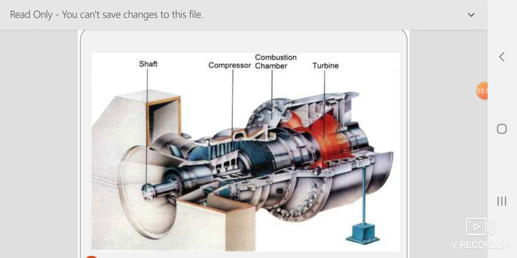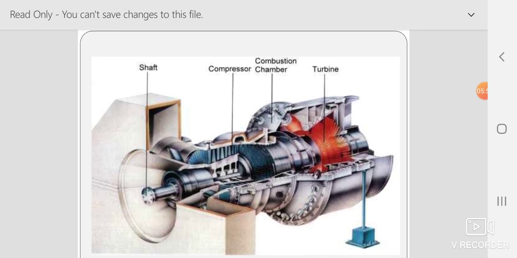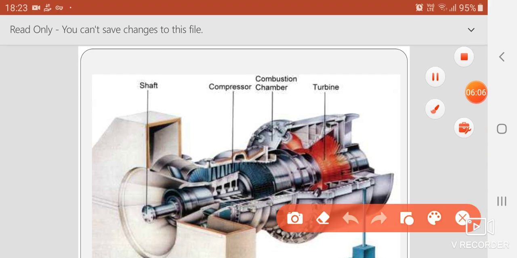Now, here comes the total system of a gas turbine plant. You can see in the plant, I'll show with the different parameters. This is the turbine part. This is the combustion chamber where combustion takes place.